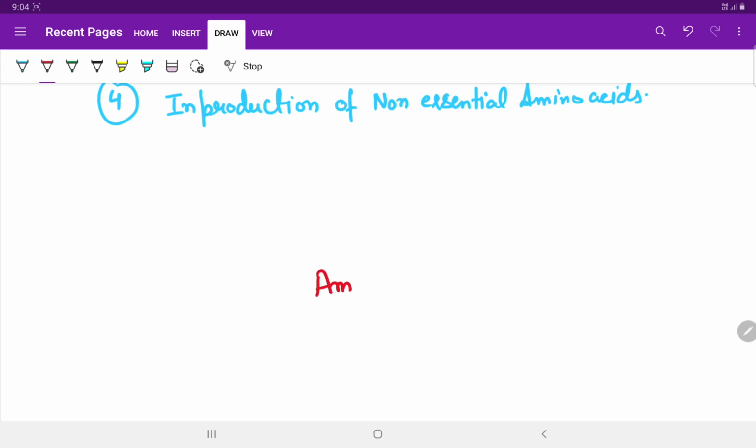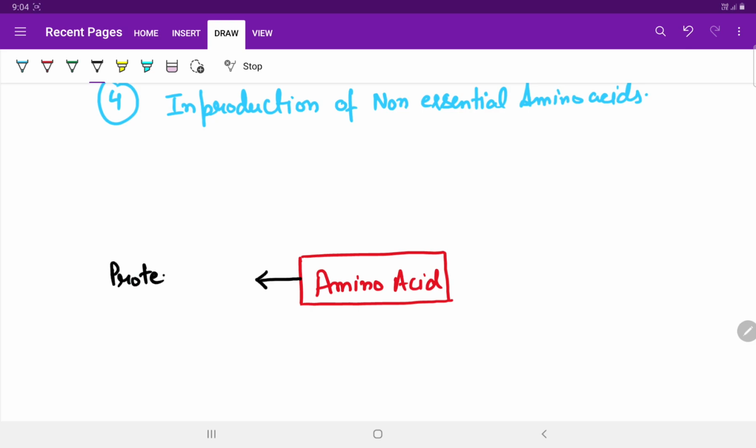So this is our amino acid. This amino acid is either used in protein synthesis through the process of translation. So where does this come from?